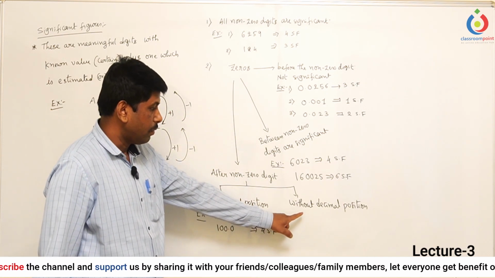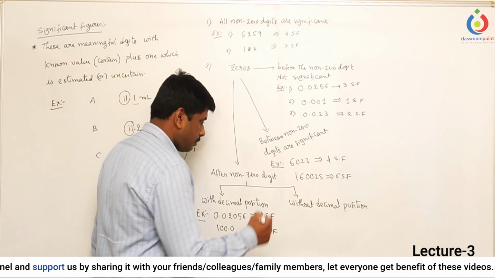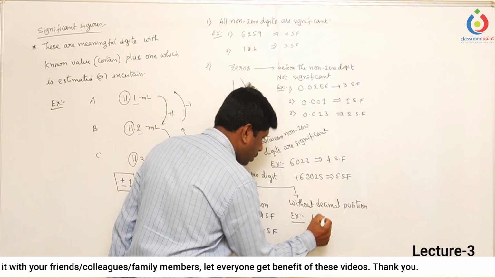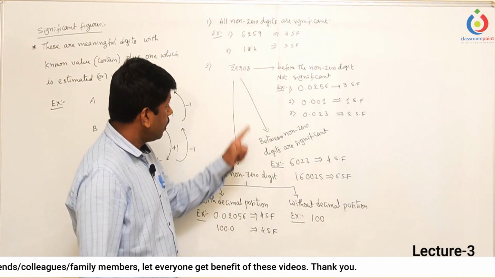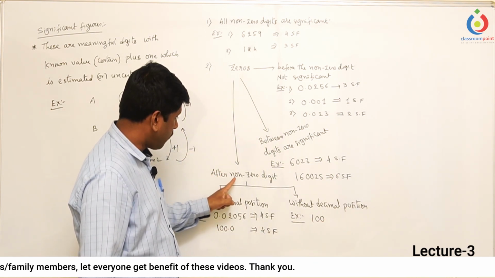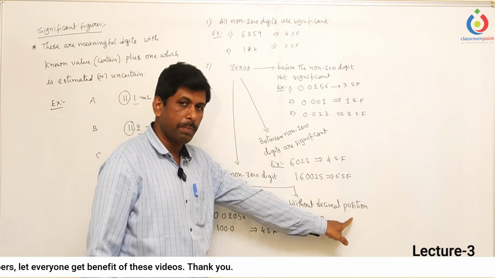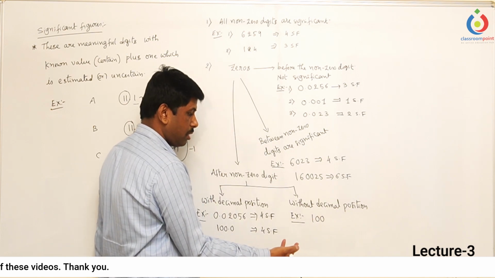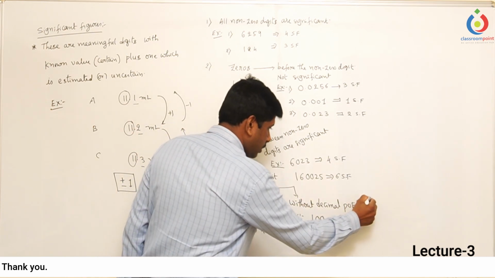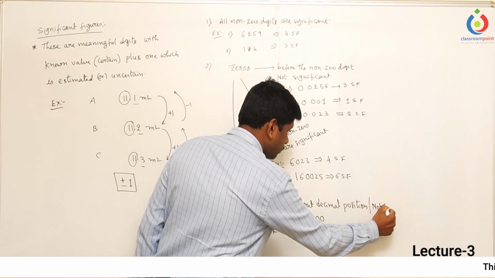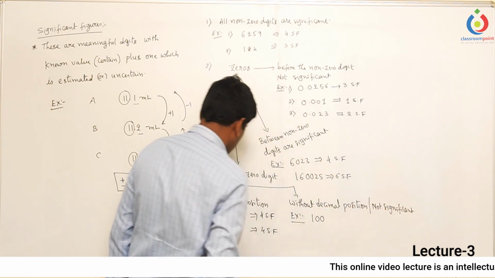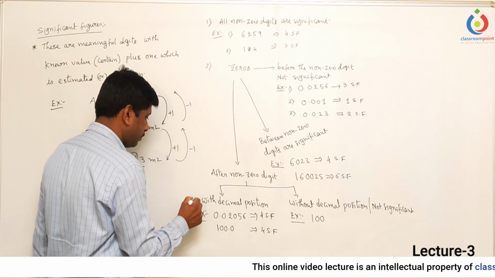Now let us see without the decimal position. Example. 100 is there. See zeros coming after the non-zero digit without the decimal position. Without decimal position means the decimal is not there on either side. That's why they are not significant.